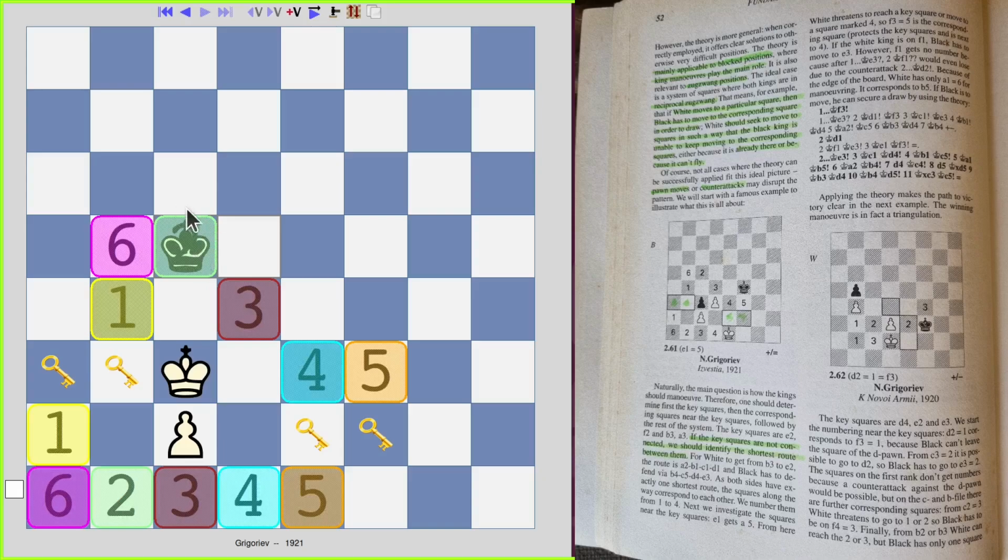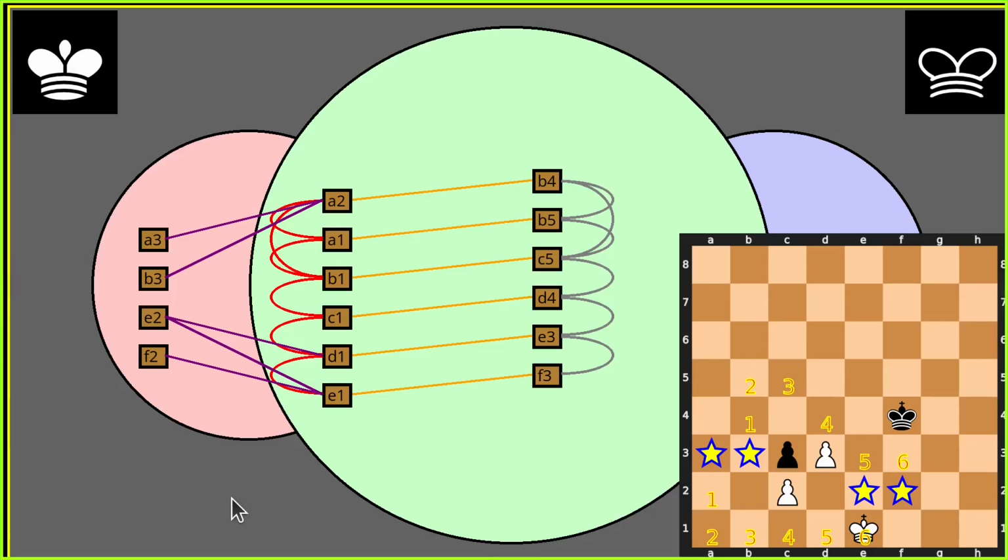Now, just to close up, there is the Venn diagram layout of this corresponding square position. Notice I've changed the 6 into a 2 and the other numbers are bumped up by 1 so that this diagram worked better, because I wanted the A1, A2 and B1 squares to be rendered together. And what I'd like to show here is that everything's covered.